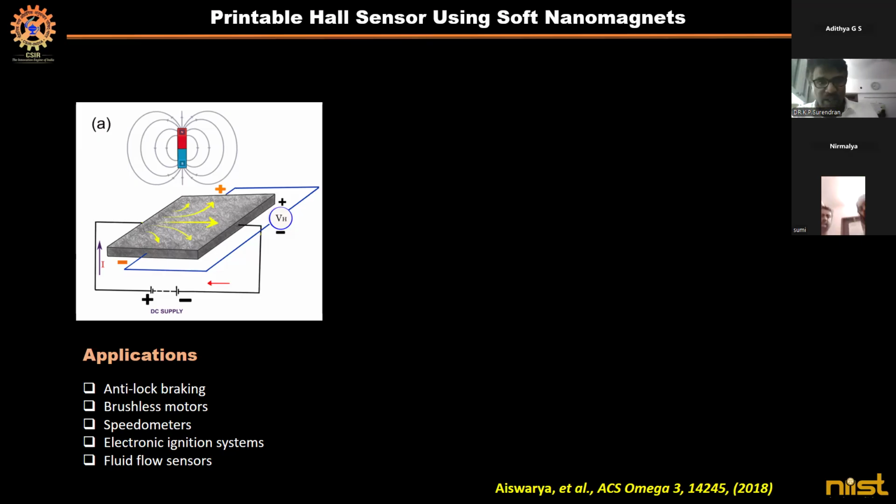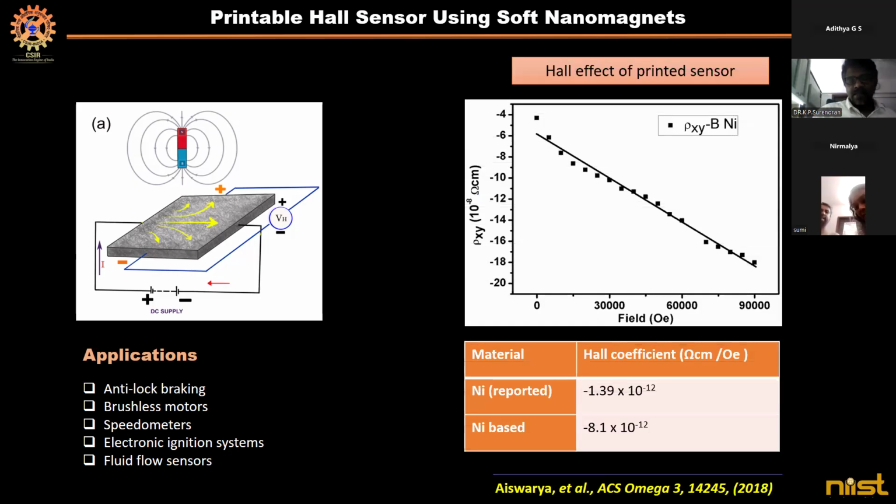All these things work with the help of Hall effect sensors. We have made a Hall effect sensor with very high sensitivity, and the Hall coefficient is very close to what is being reported.